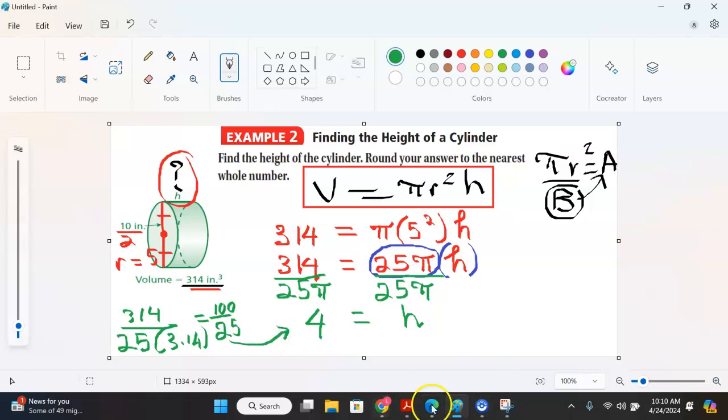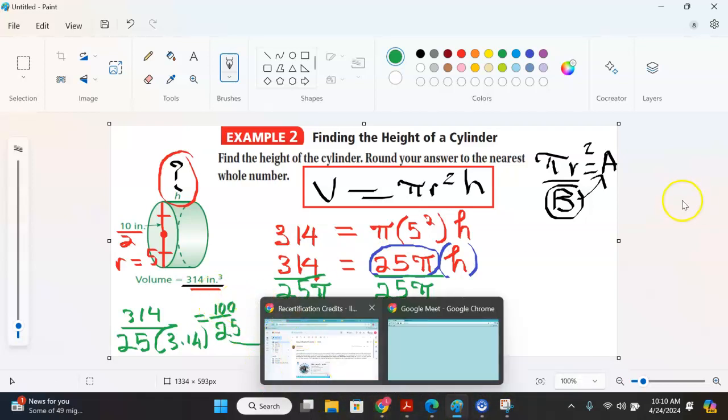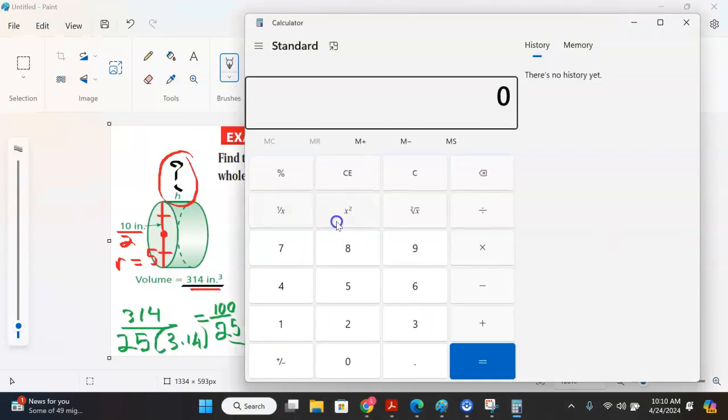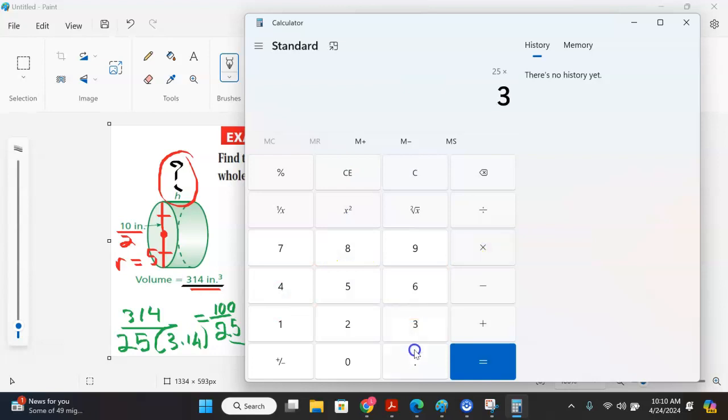Or you can just plug the whole thing into the calculator. Let me do that real quick so you can see why the answer is 4. I'm going to take 25 times 3.14, and that is 78.5. So the denominator is 78.5.